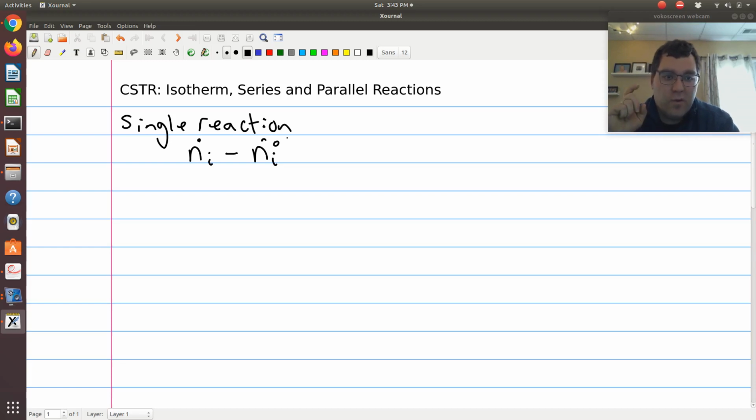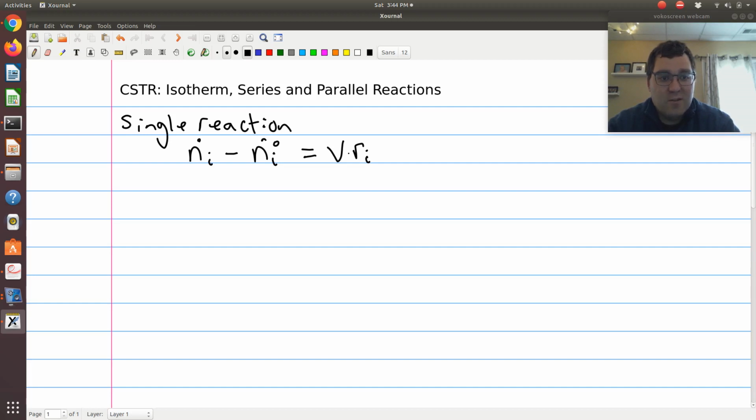This is the molar flow rate of species i into my reactor. That'll be equal to V times the rate. This is the volume normalized rate of generation or consumption of species i. Okay, so this is my rate expression for species i, normalized with respect to volume.